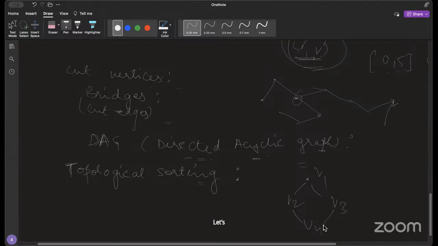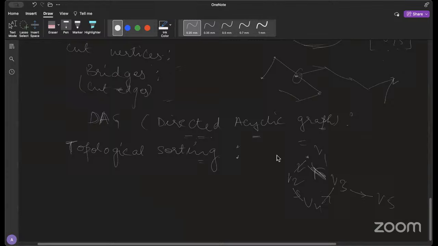Let's say you have a graph, this thing, and if you have directions here, and let's consider these to be subjects. Let's say V1, V2, V3 are subjects that you're studying, and these are dependencies.